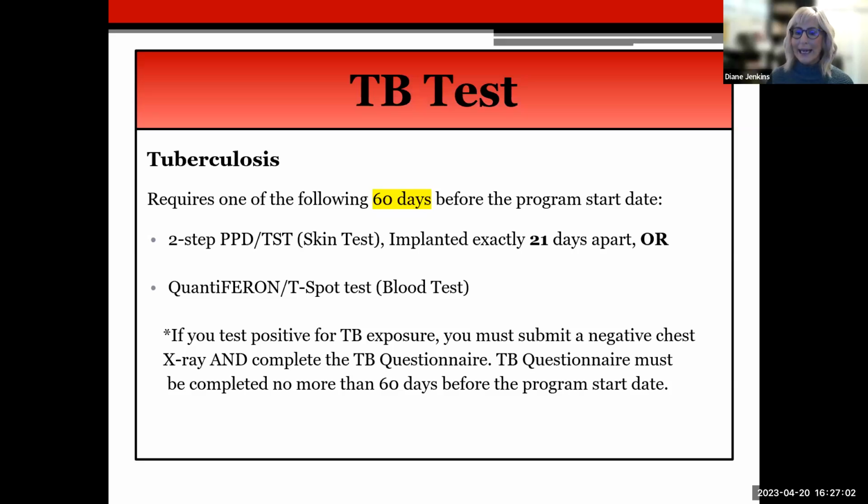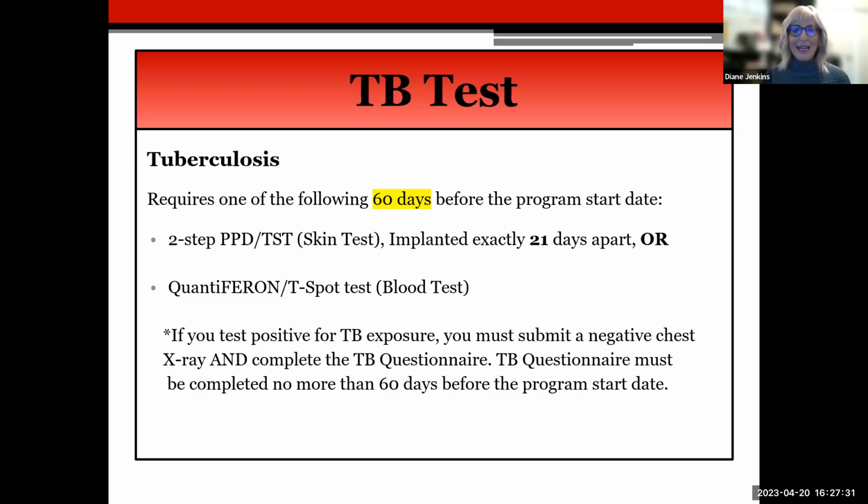They will read it. If it comes back negative, then you will have a second TB skin test exactly 21 days apart from your first. After that second test, you will go back to your facility within 48 to 72 hours to have that TB skin test read.